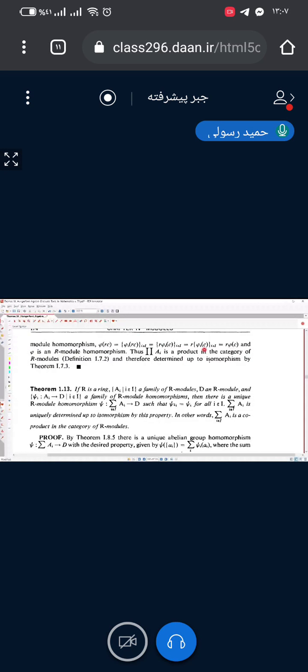So phi of rc equals r phi of c, and so phi is an R module homomorphism. This completes the proof. So product of AI is a product in the category of R modules, and therefore determined up to isomorphism by theorem 18.1.3.